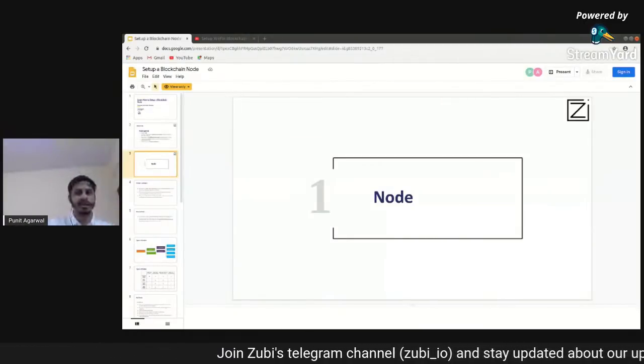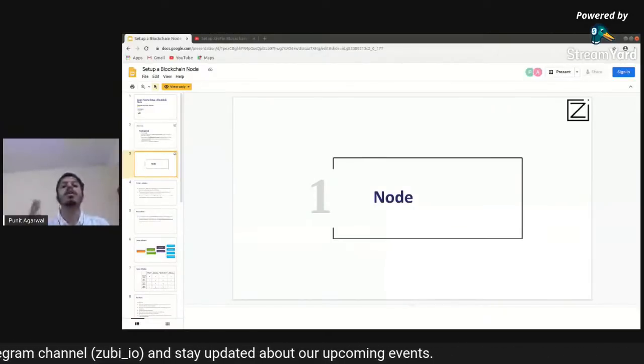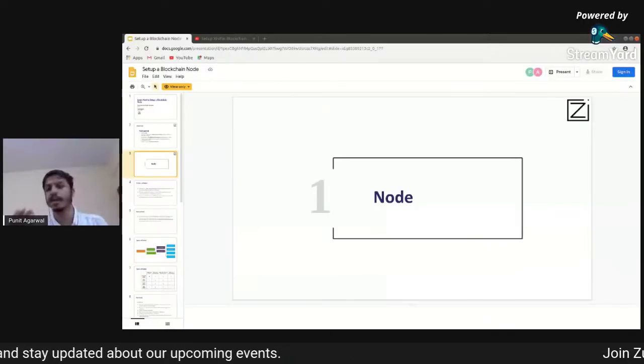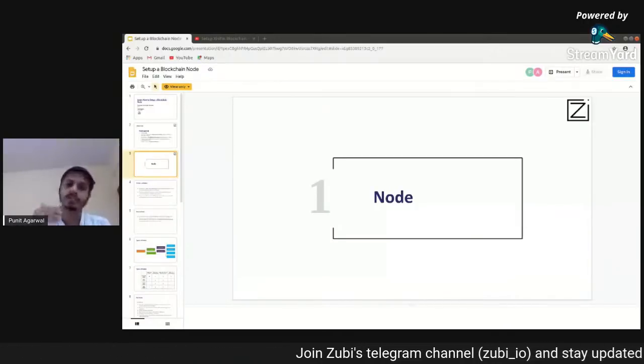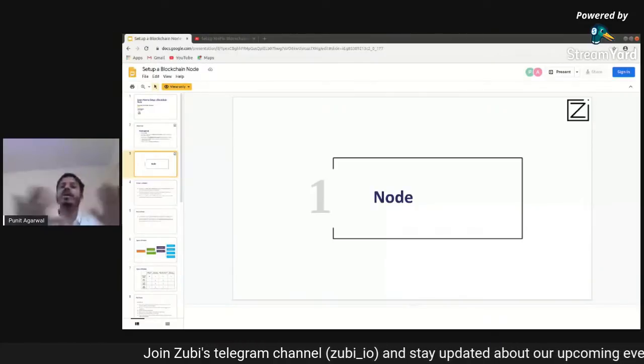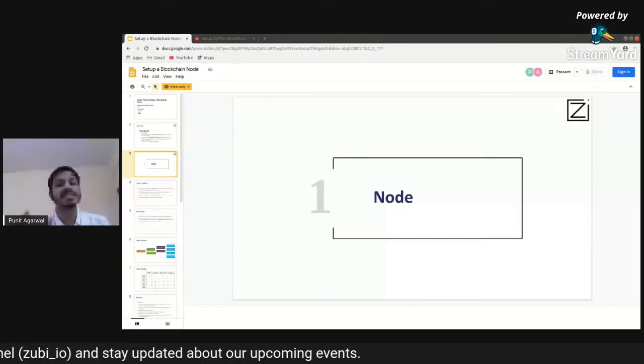Similarly, in blockchain, if a particular decision has 51% or X percent and they have the majority, then they can pass that decision. So getting to this decision and getting the majority process is called consensus.